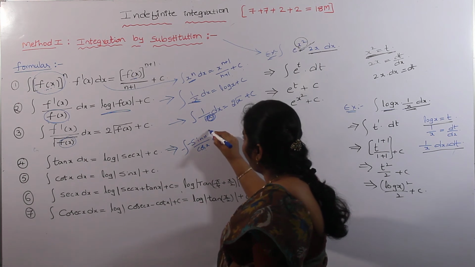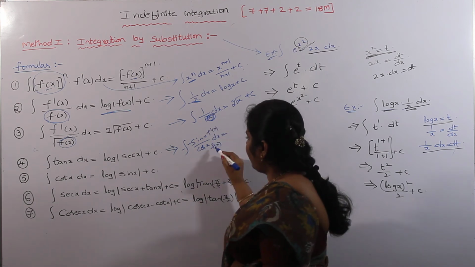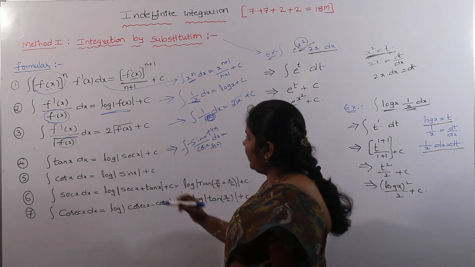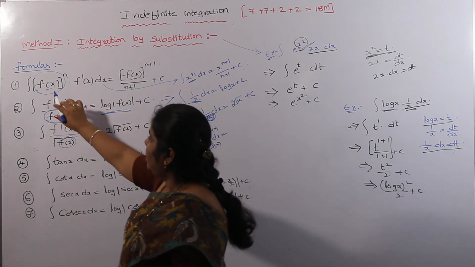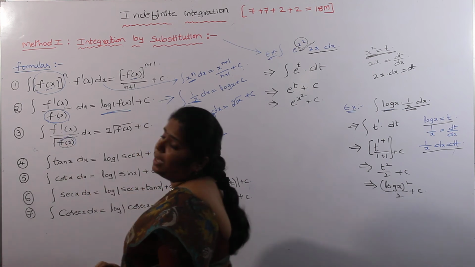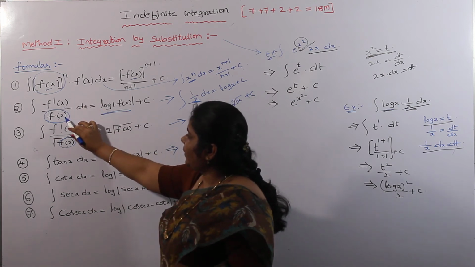This is in the form of f dash of x by f of x. Here f of x differentiation is f dash of x. Okay, this is in the form of integral of f dash of x by f of x.